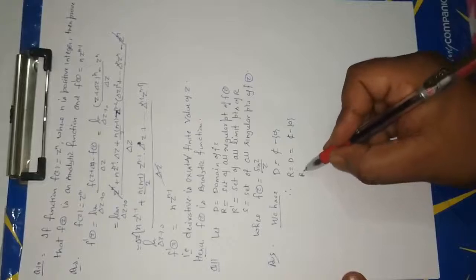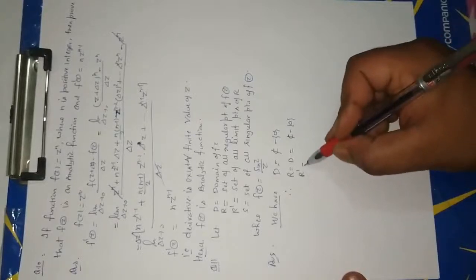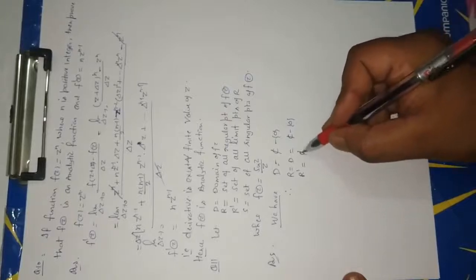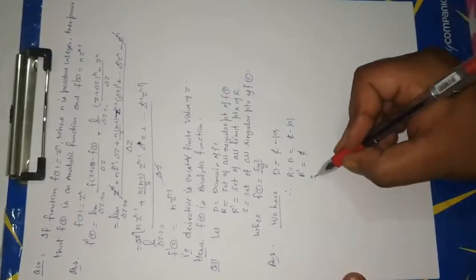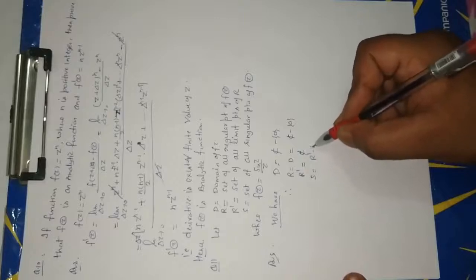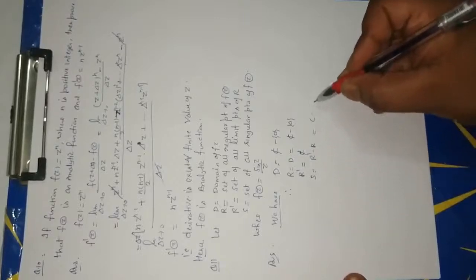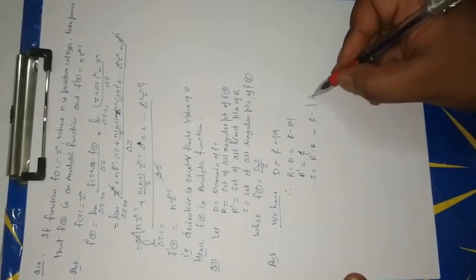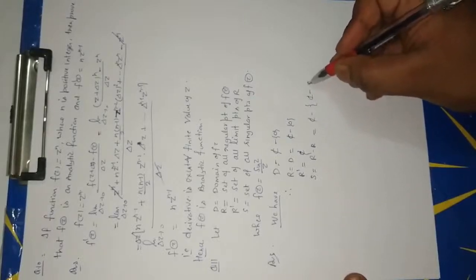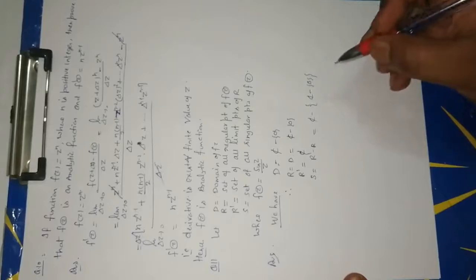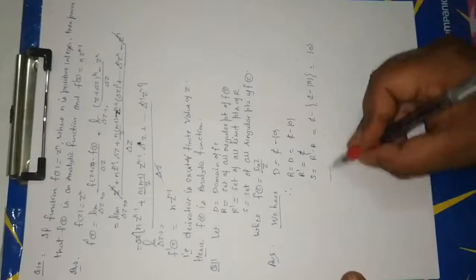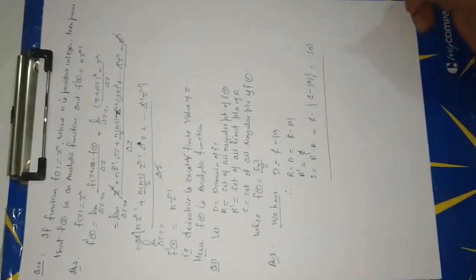Now R dash is only C. Now S is equal to R dash minus R, that is, C minus (C minus 0). This is equal to 0 only. Okay student. Now next question.